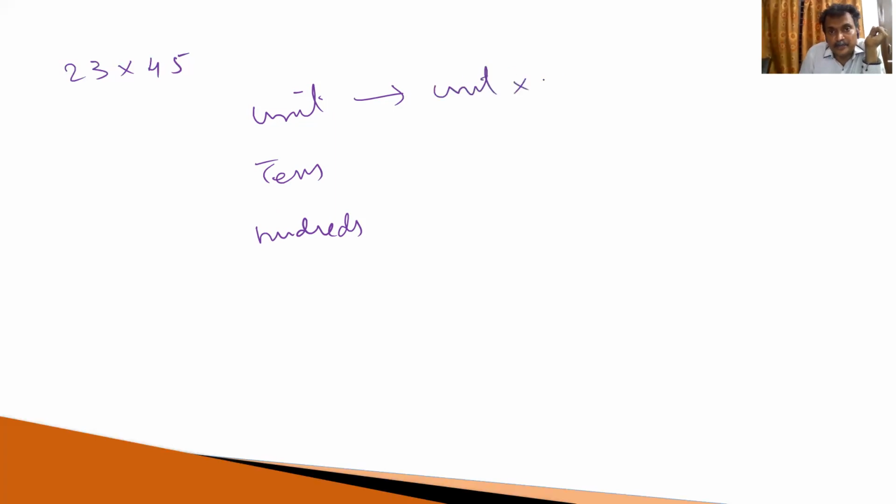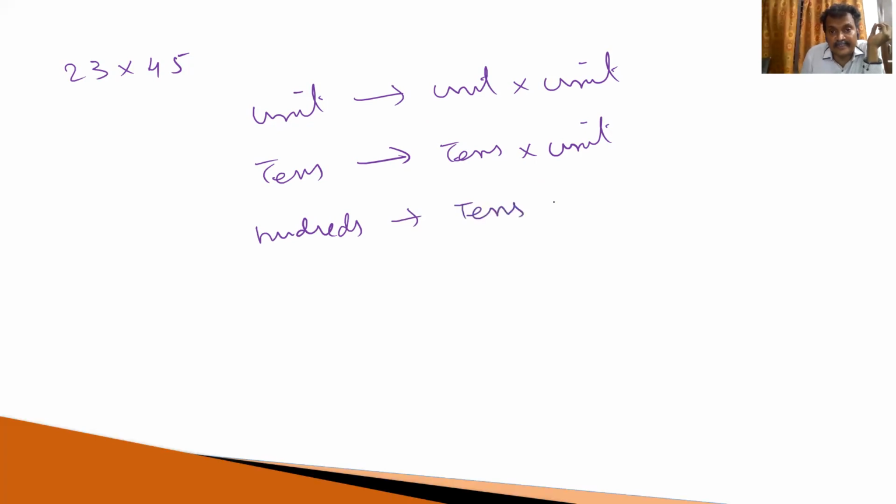Now, here 3 parts are there: unit digit, tens digit, hundreds digit. When will you get the unit digit? Unit digit into unit digit. The tens digit? Tens digit into unit digit. The hundreds digit?